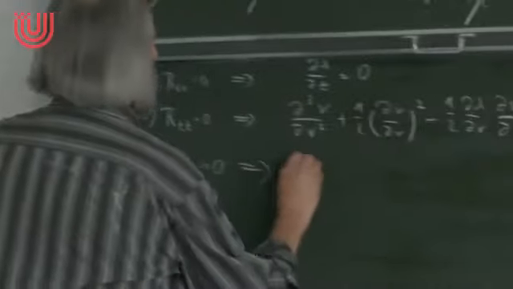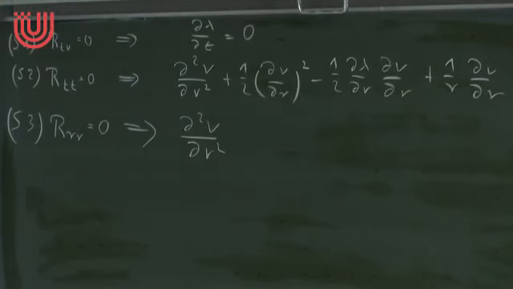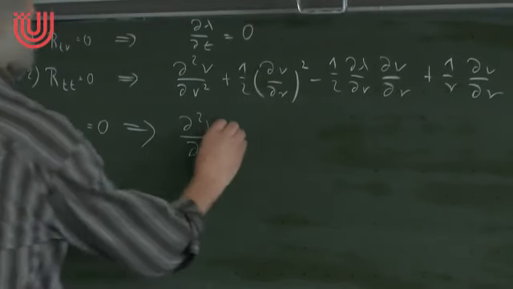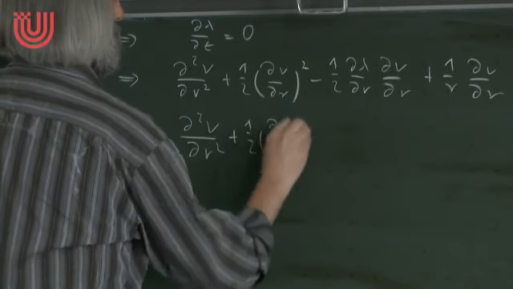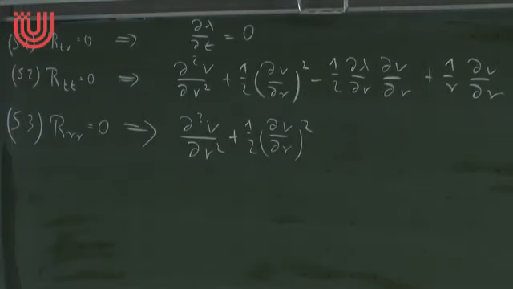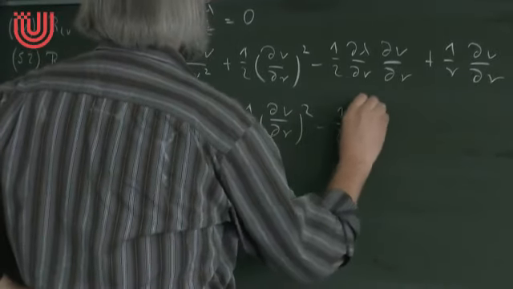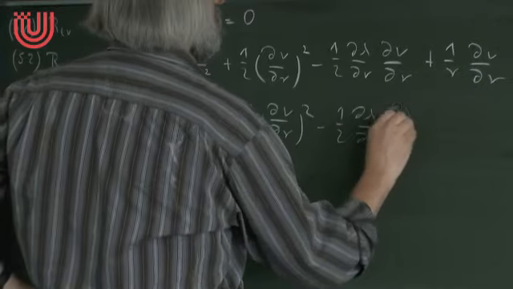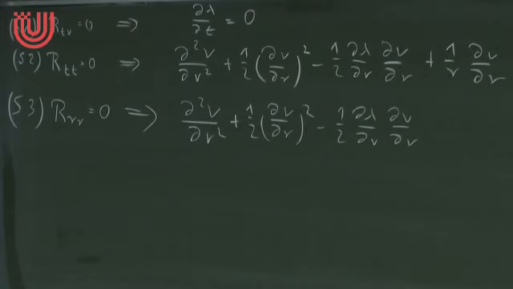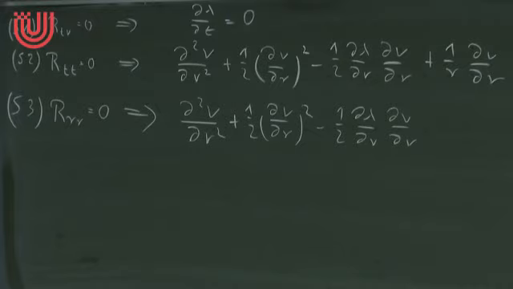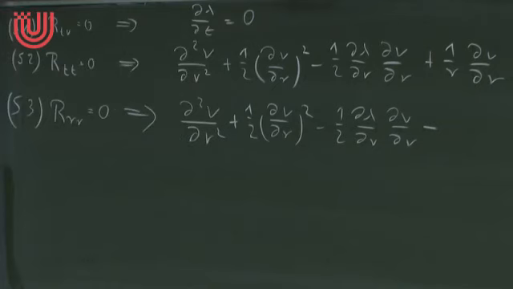And I get d²ν/dr² plus 1/2 (dν/dr)², minus 1/2 (dλ/dr)(dν/dr), and then minus 2 over r dλ/dr. 2 over r?